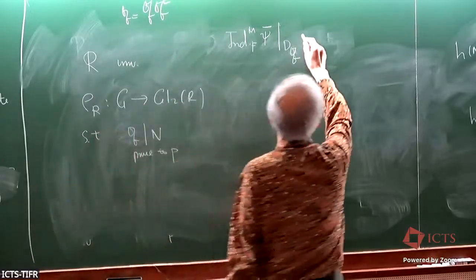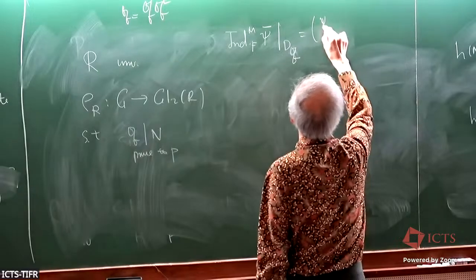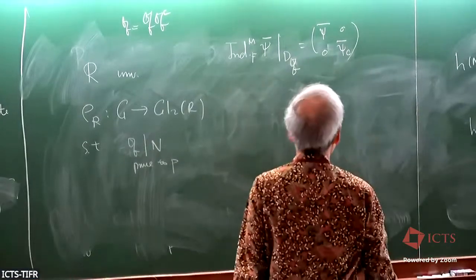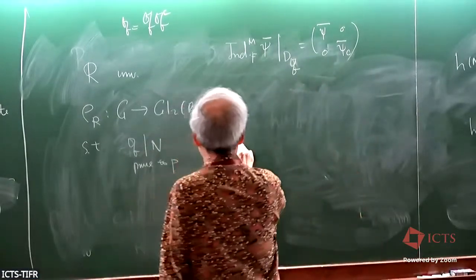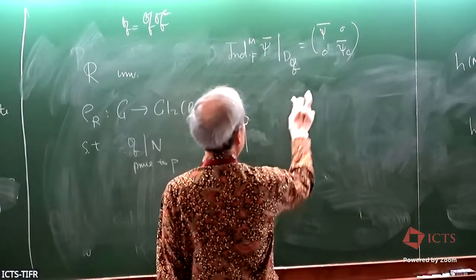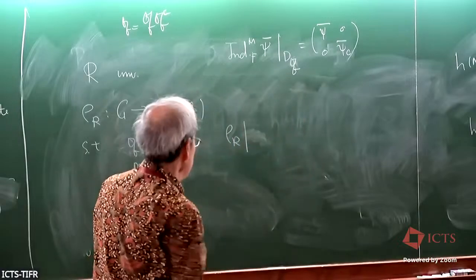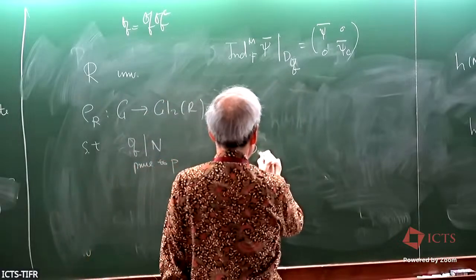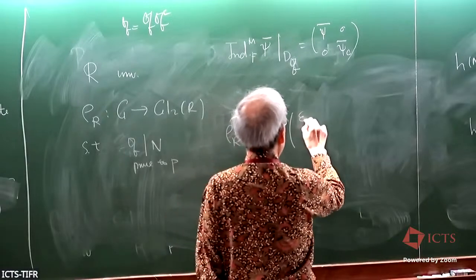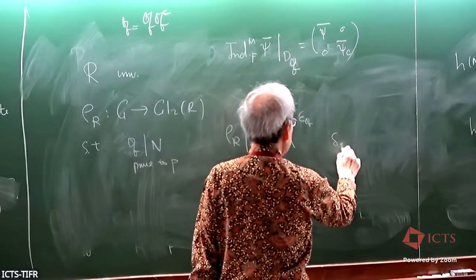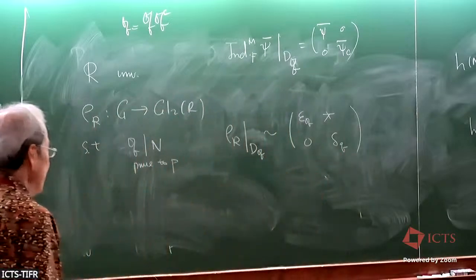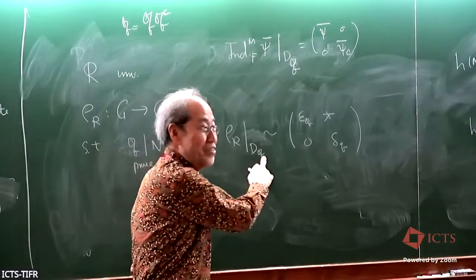So this is just psi bar complex conjugate inside, right? So this forces that rho_R restricted, because it factors through this triangular form, so the D_Q is epsilon_Q, delta_Q, 0, star. This is Weil's condition he explained.